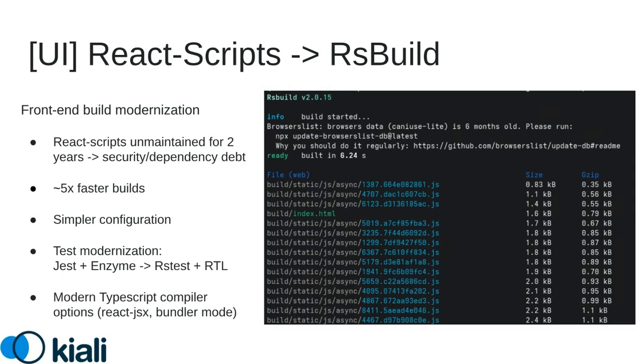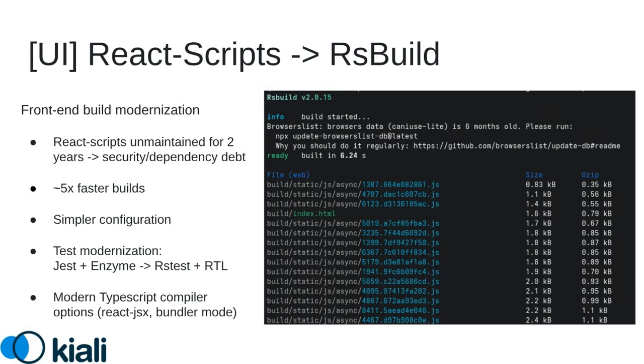And along with this build replacement, we have modernized the tests because RsBuild has a whole set of tools. For example, for testing, instead of Jest, it provides a testing tool called Rstest, which is also based on Rust, and it's much faster and more performant.